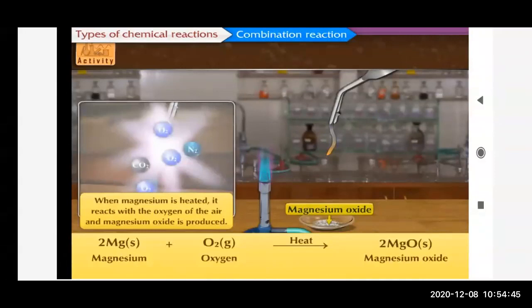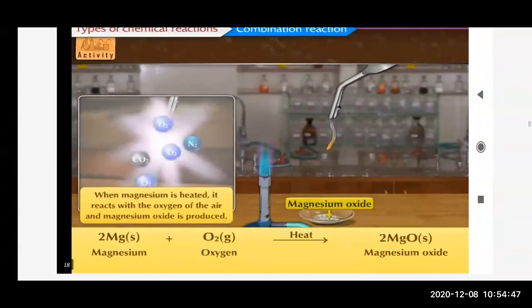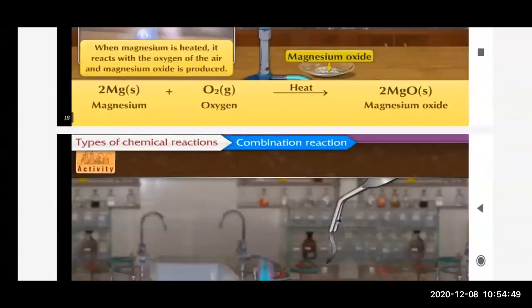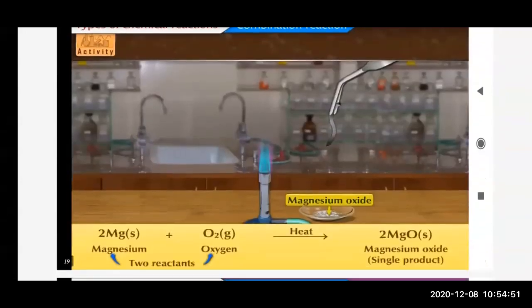Keep this in mind. So this is about the second activity. You can see in the slide, on the left hand side there are two reactants, magnesium and oxygen. When both are heated together, a single product, magnesium oxide, is formed.